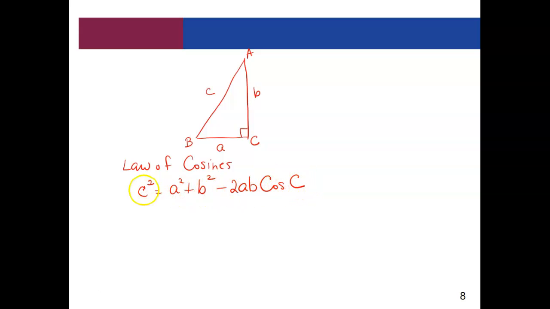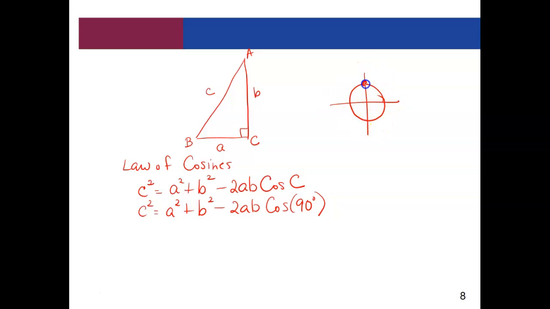I'm going to substitute in the one angle that I know, which is the 90-degree angle. Thinking back to your unit circle, 90 degrees is here, and the coordinates would be 0 and 1, so the cosine of 90 degrees is 0. So I have c squared equals a squared plus b squared minus 2ab times 0.